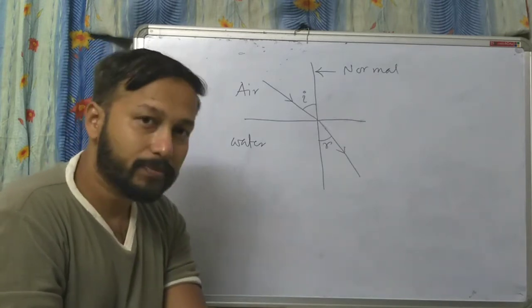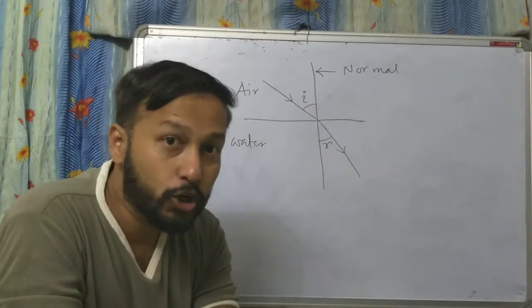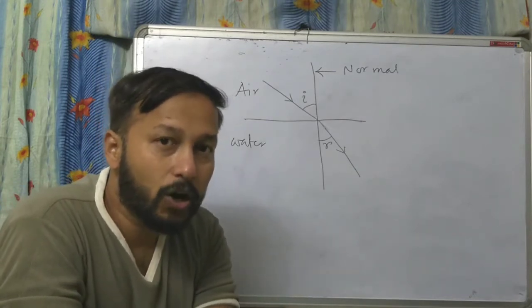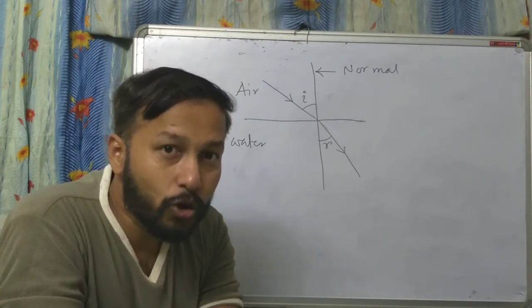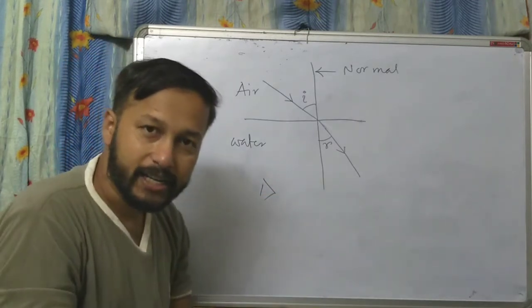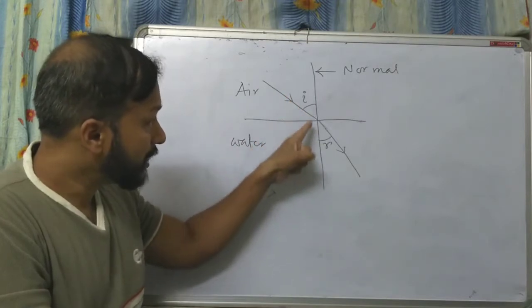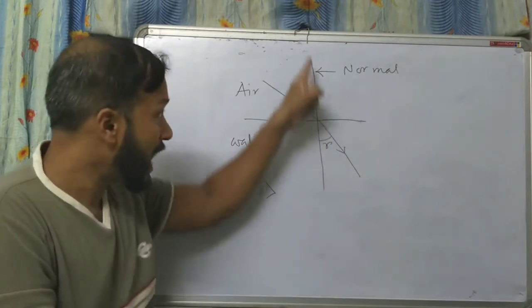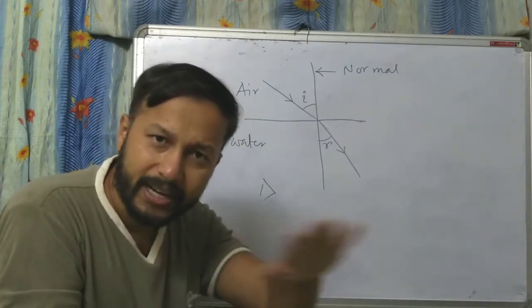Now, there are two laws of refraction. So what are those laws? The first law is incident ray, this is incident ray, this is refracted ray and normal all lie on the same plane.